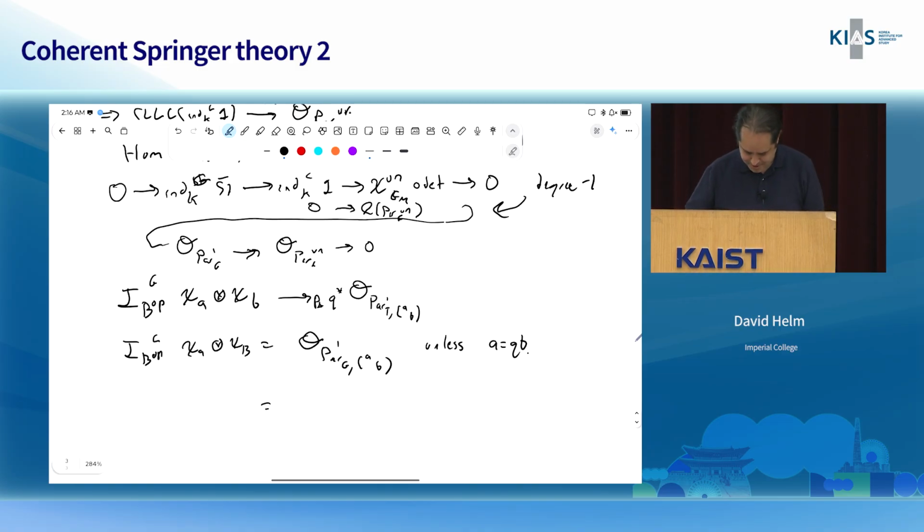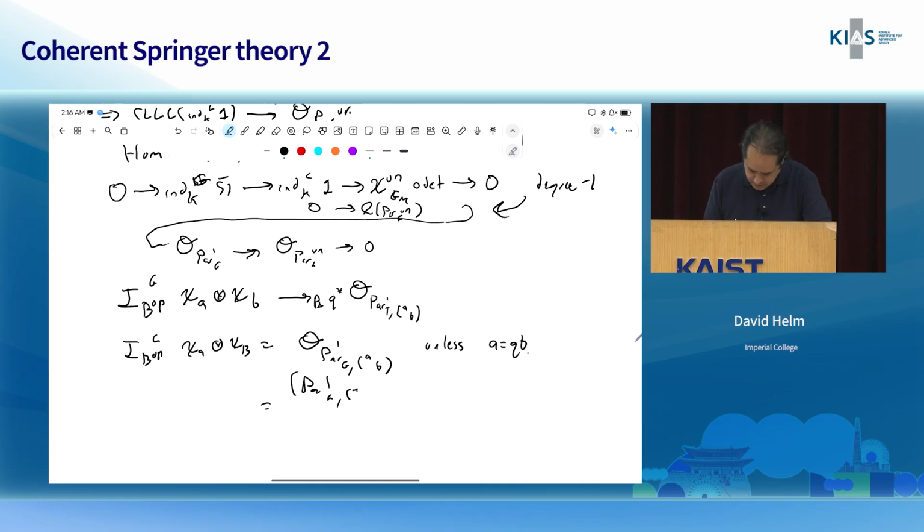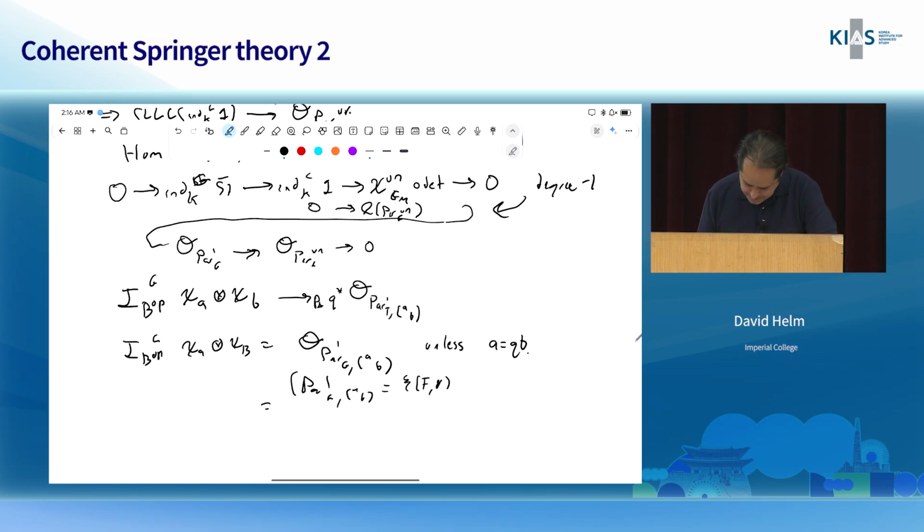So here, Par_1 G AB, this is F such that F is G-conjugate to diagonal AB.